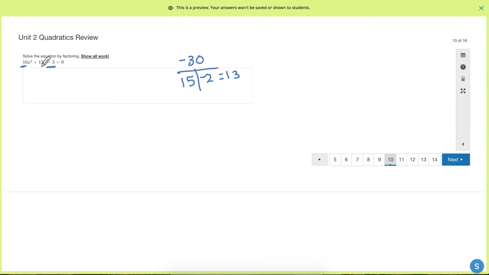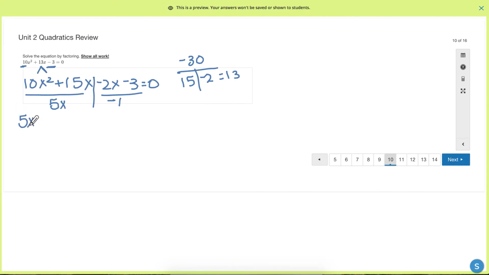We would then split our 13x to be 10x squared plus 15x minus 2x minus 3, and set that all equal to 0. To factor this out, we would draw a line down the center and divide the first two terms by 5x and the second two terms by -1.